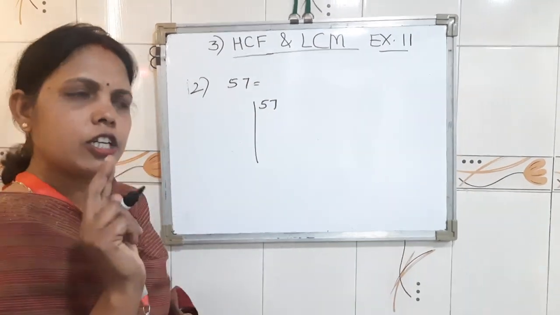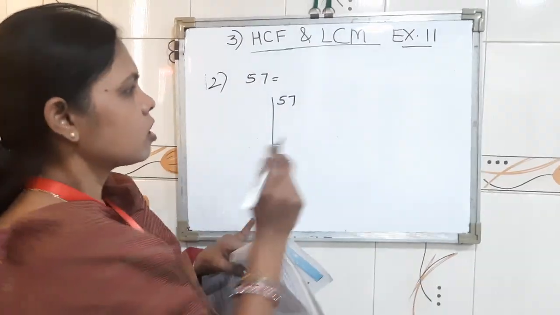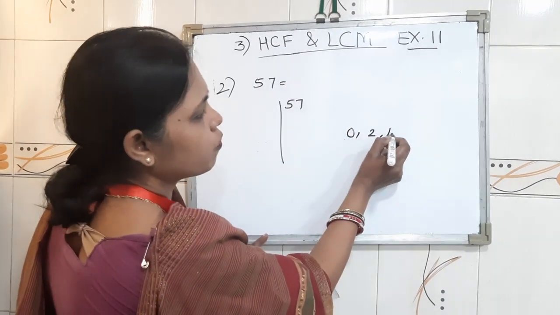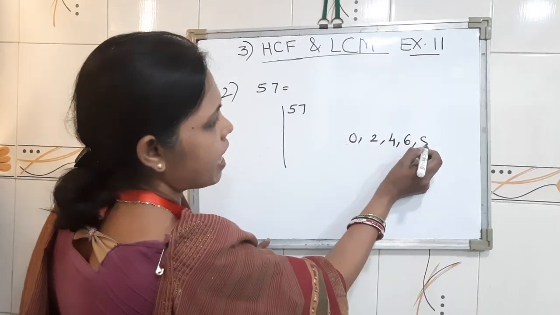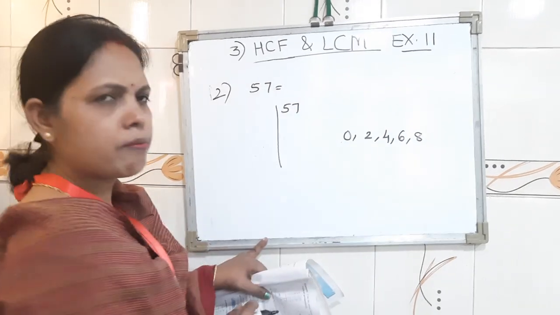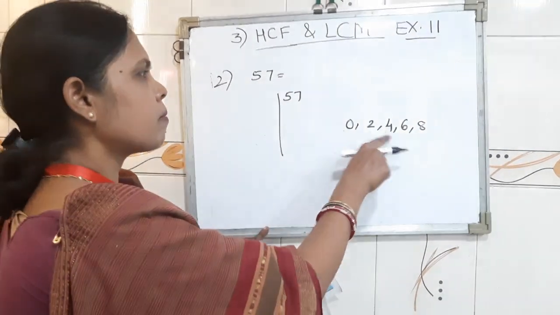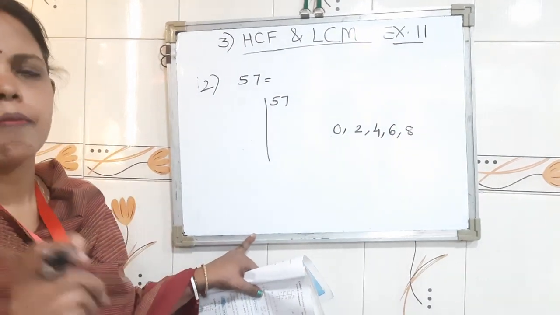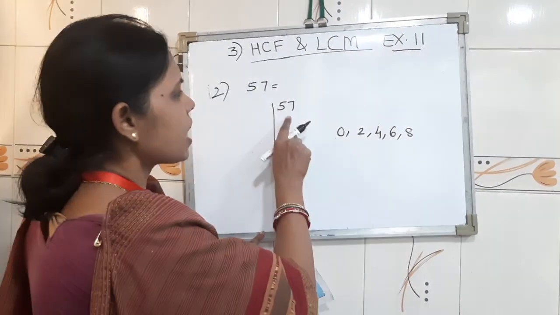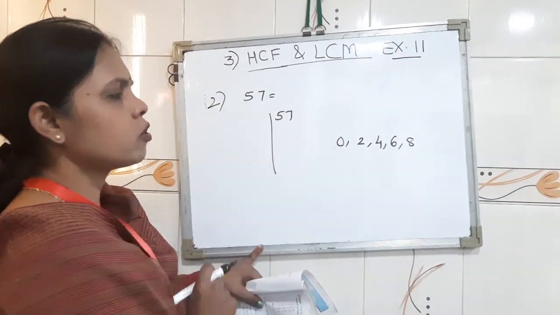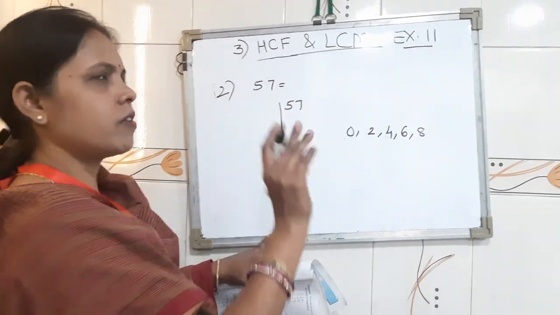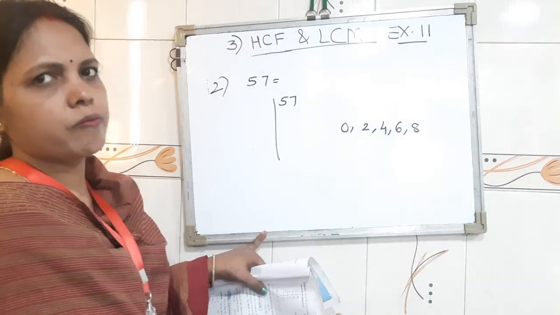Now for dividing by 2, the unit place should have 0, 2, 4, 6 or 8. Out of these, if any number is there in the unit place, then only we will divide that number by 2. Here no such number is in the unit place, therefore 57 will not be divided by 2.